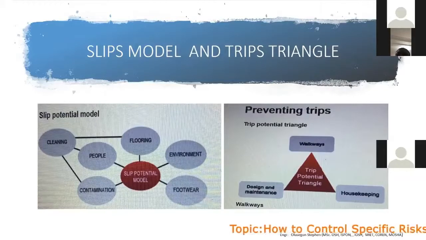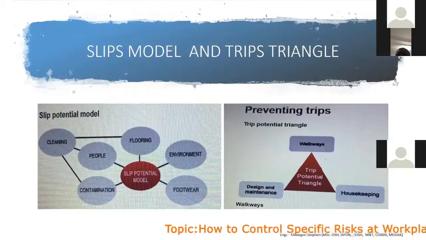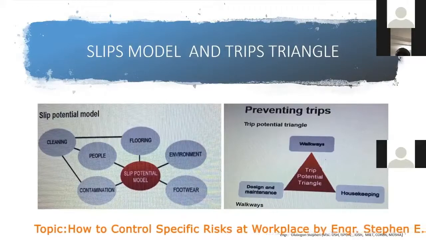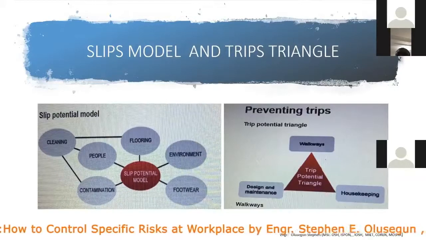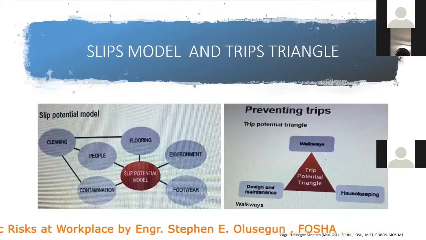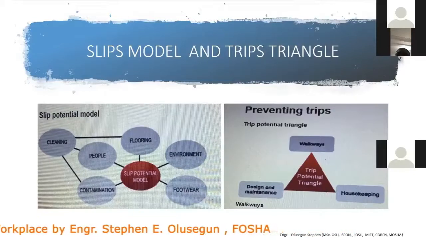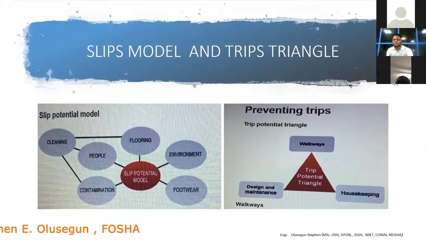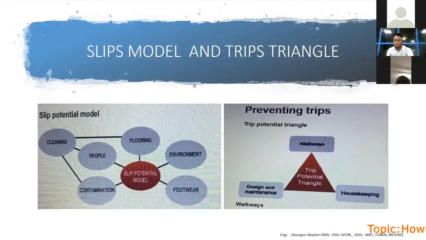If cleaning is proper, if the flooring is okay, people behave well, the environment is well controlled, there's appropriate footwear, and contamination is dealt with, then this gives us a model that we can use to deal with slips in any place. And then when it comes to trips, you have the walkways, how you handle the walkways, and then housekeeping, and then design and maintenance of the work area.